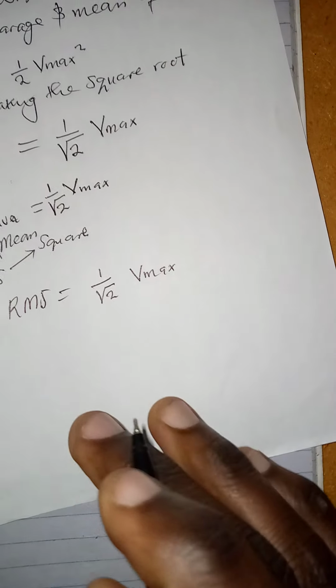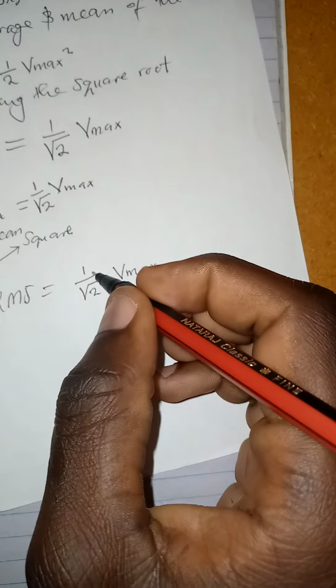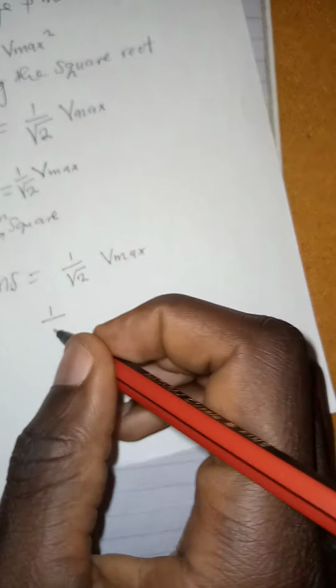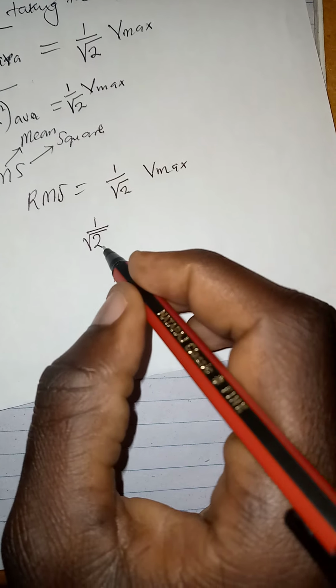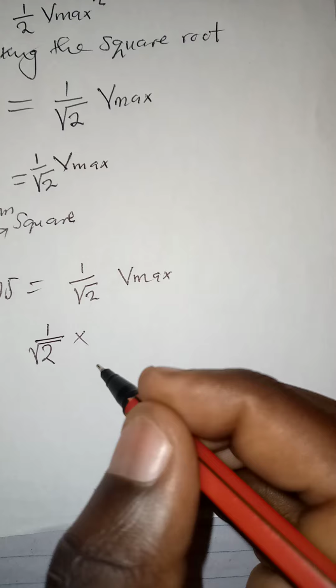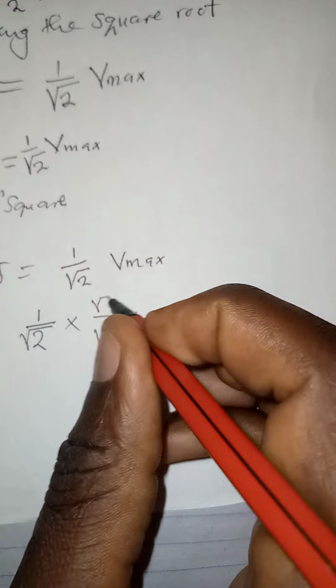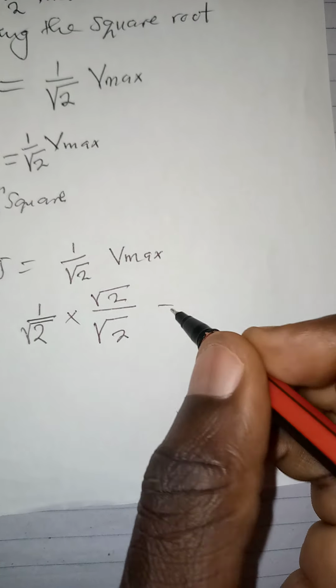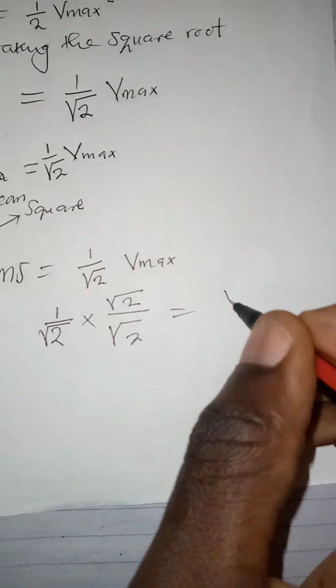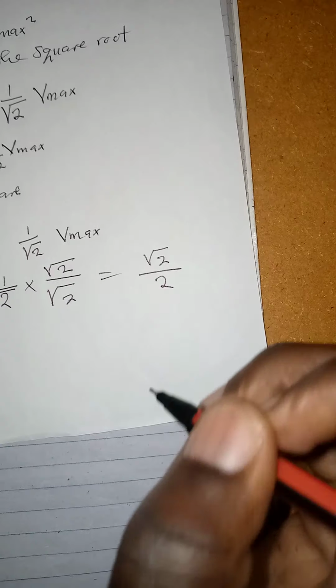Now in some other texts, you will discover that they use this. So let's try to look at this. Mathematically, we cannot leave this like this because this is irrational. So we can rationalize this. If we rationalize this, you multiply both sides by root of 2, even on top you multiply by root of 2. So what you get is this time this root of 2, this time this is simply 2.